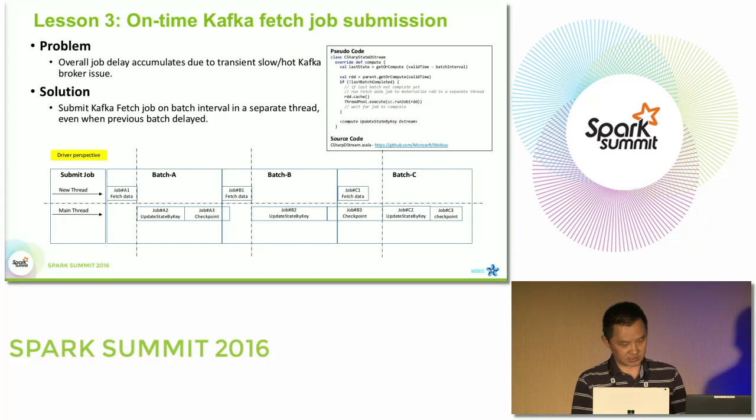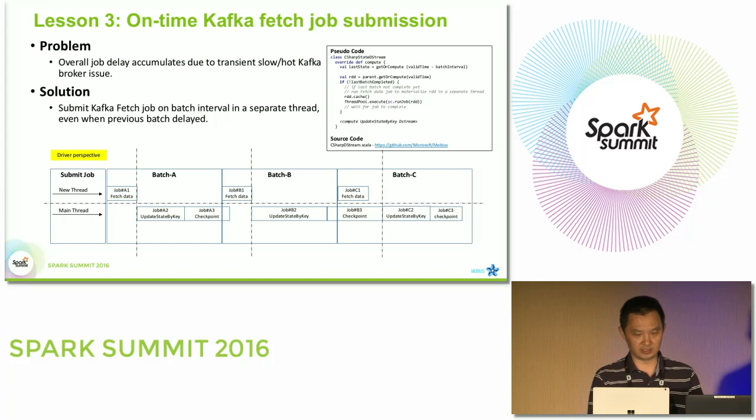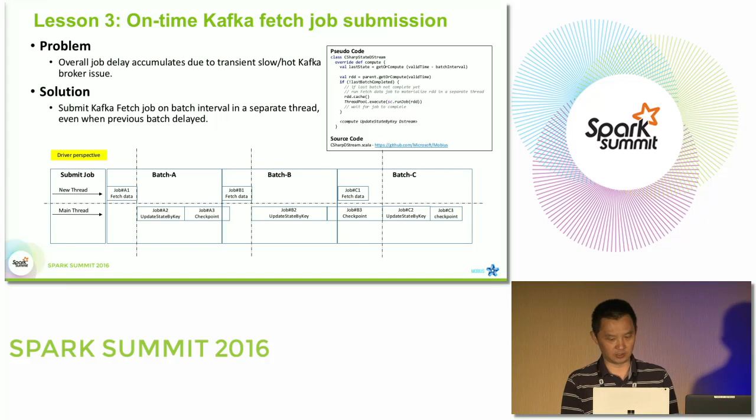This approach stops the delay from accumulating, just like the concurrent jobs do, but still guarantees the batch ordering. If you look at the graph, for batch B the Kafka fetch job starts on time, even if batch A is not completed yet. That means although a job can be delayed like batch A, the delay doesn't accumulate anymore because the batch always starts on time.